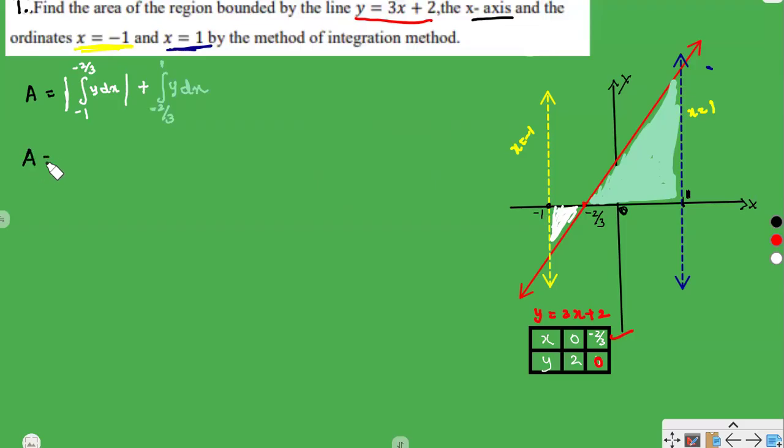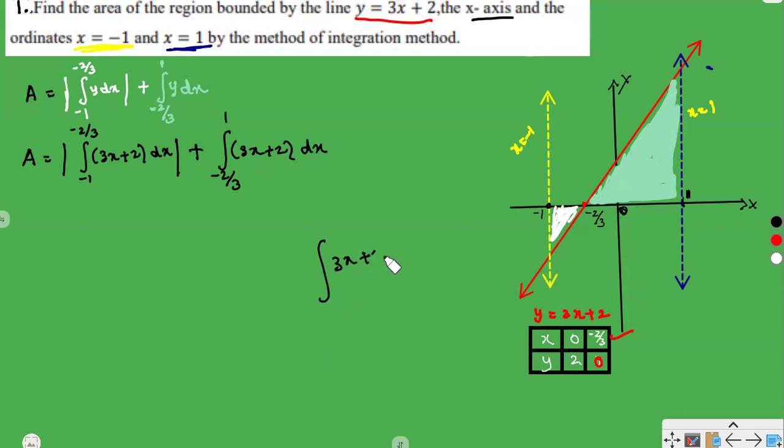So next, I'm going to substitute y. -1 to -2 by 3, y is 3x plus 2 dx, plus integral -2 by 3 to 1, 3x plus 2 dx. Now we are just going to write the integral of 3x plus 2 dx.